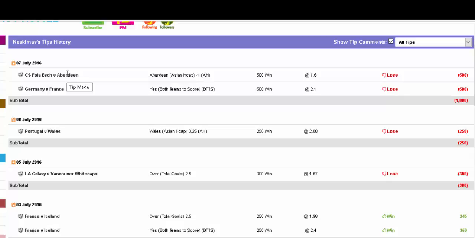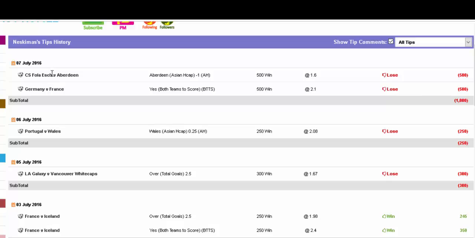This was my silly bet. Aberdeen are a far stronger side than CS Fola Esch, who are from, I think, Luxembourg. But I heard this tip from somewhere.